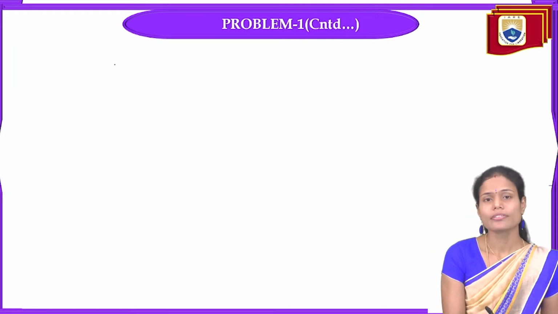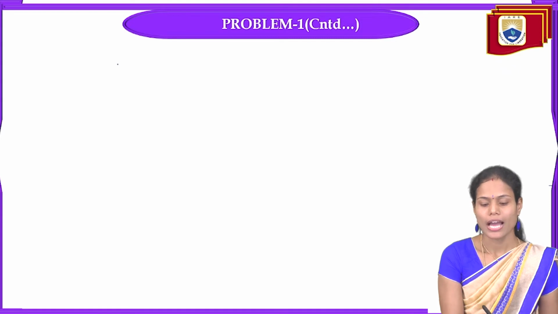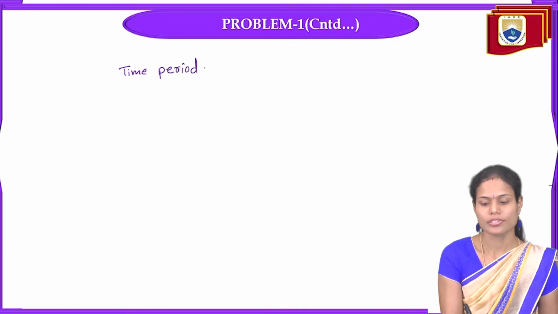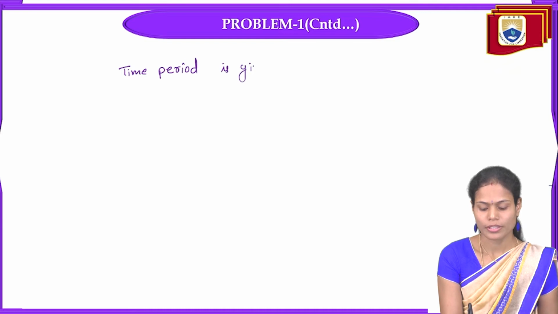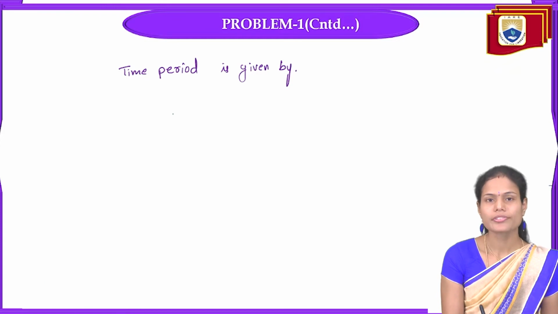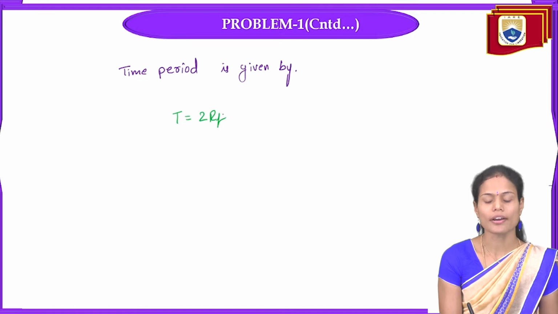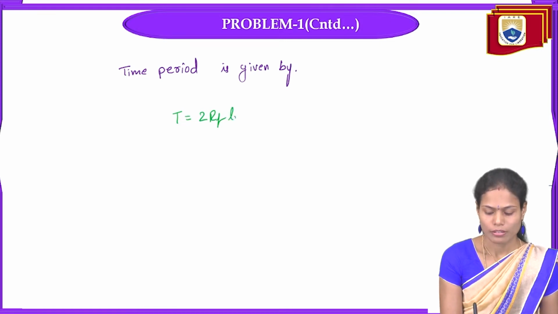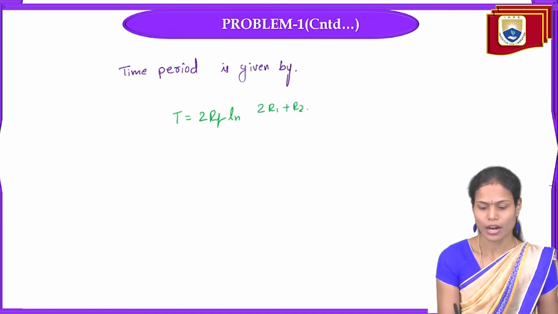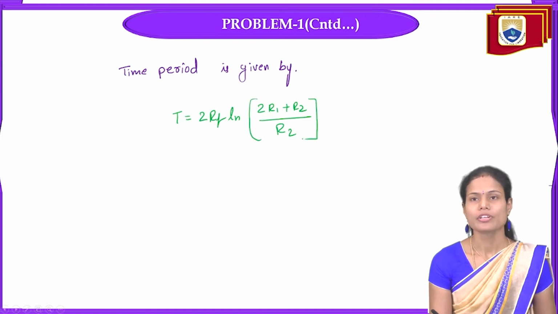The time period of this astable multivibrator is given by T equal to 2 RF ln((2R1 + R2)/R2).